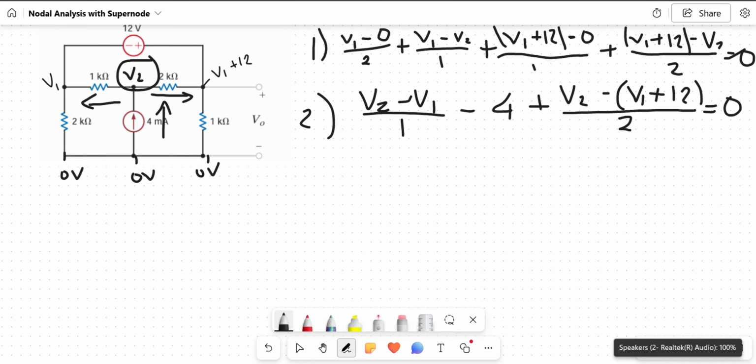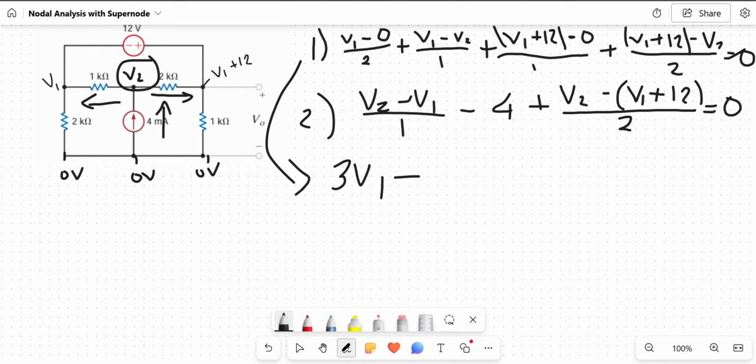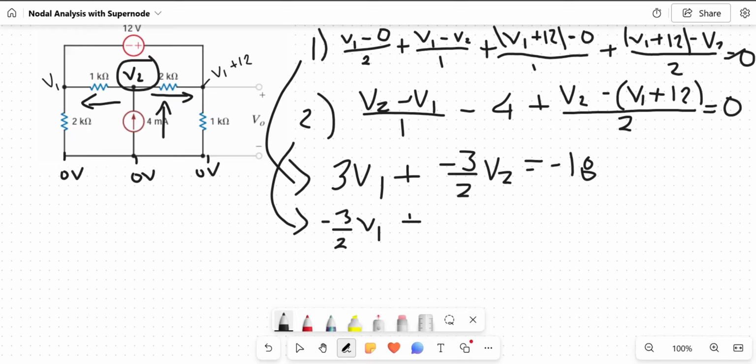And now solving the equations, we get 3V1 plus negative 3 over 2 V2 equals negative 18. And for this one, we get negative 3 over 2 V1 plus 3 over 2 V2 equals 10. And for V1, we get negative 16 over 3.